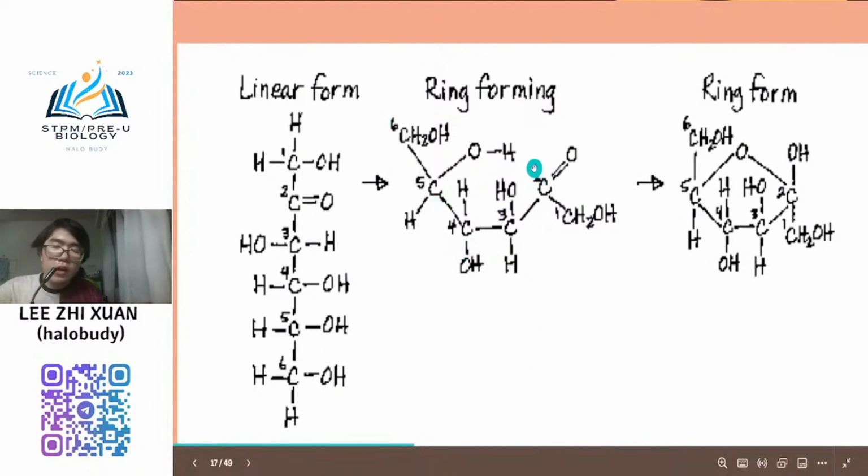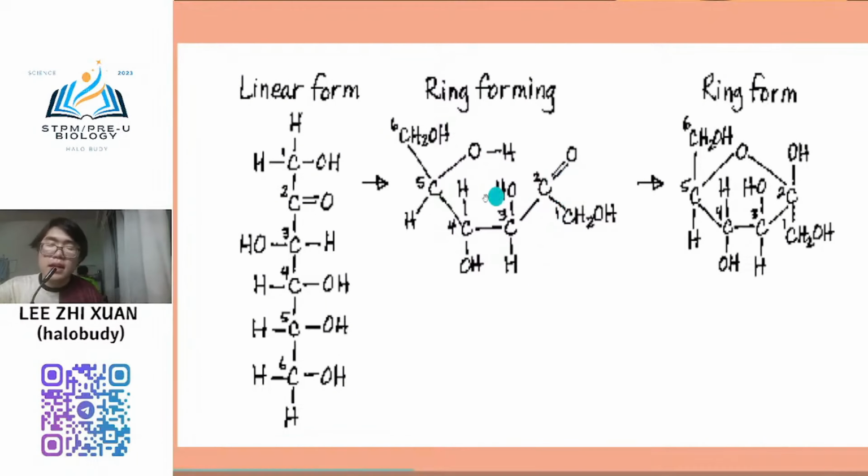So they are CH2OH. So similarly, same concept, you need to break down the carbon bond. See the double bond O, you need to break down to become single bond. So once it becomes single bond, it is unstable. So this hydrogen atom will transfer into this part, so becomes COH.